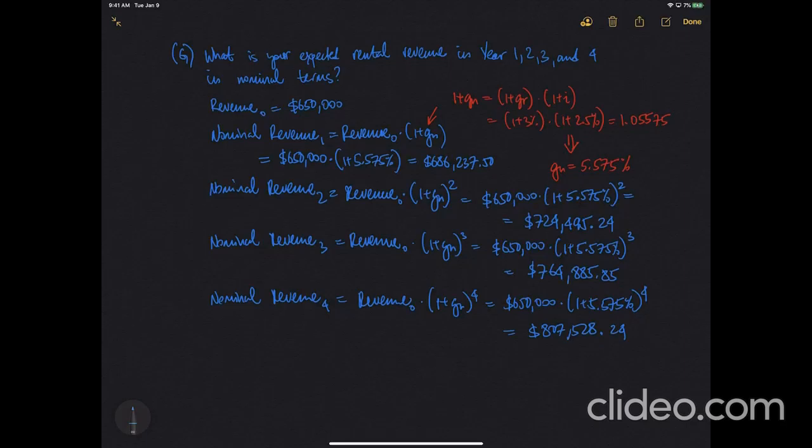So these numbers together give us nominal revenue that we expect to receive from renting out our property in years 1, 2, 3, and 4.